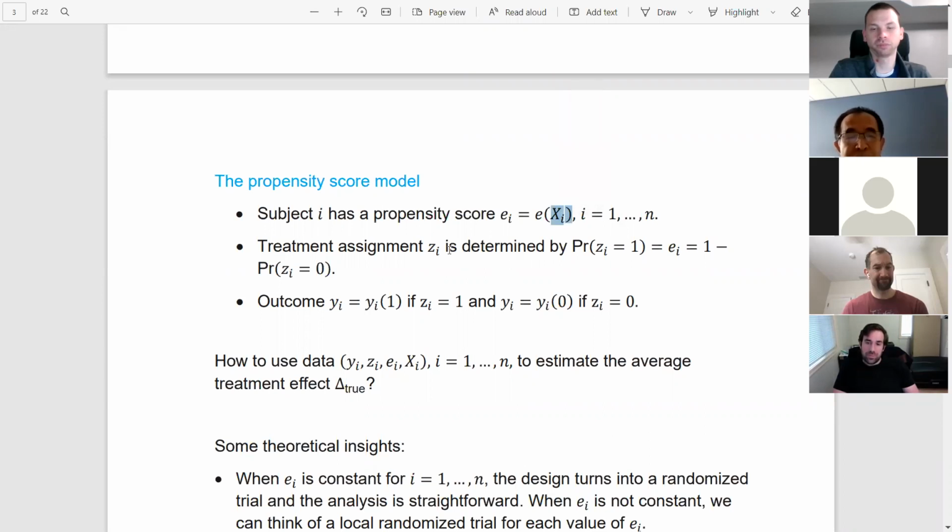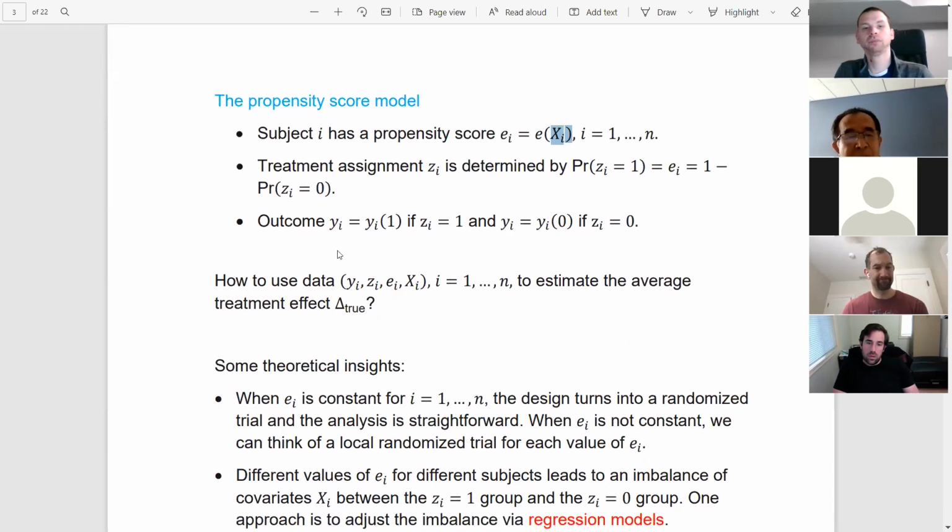Then the treatment assignment is a random Bernoulli trial: Zi has value 1 with probability ei, and has probability 1 minus ei of getting treatment 0.